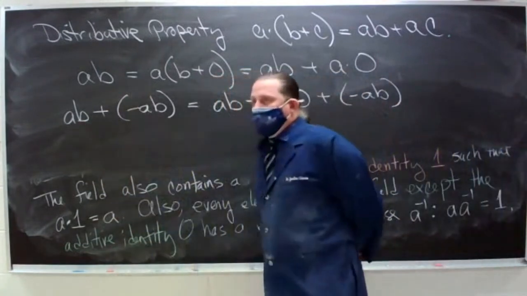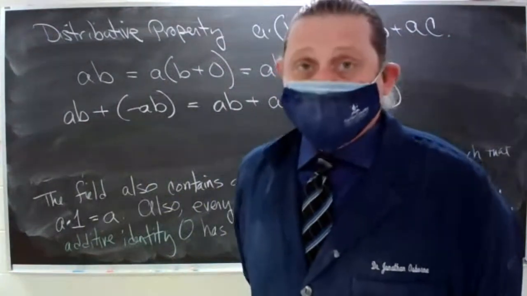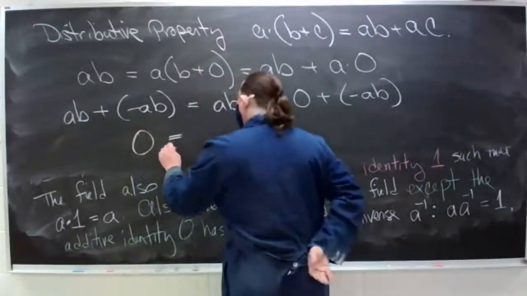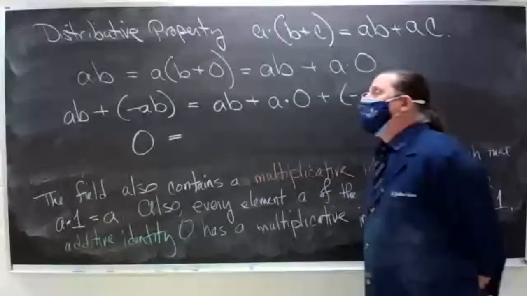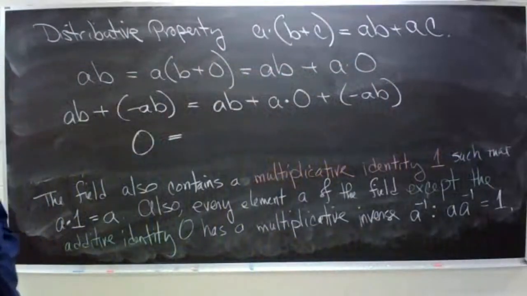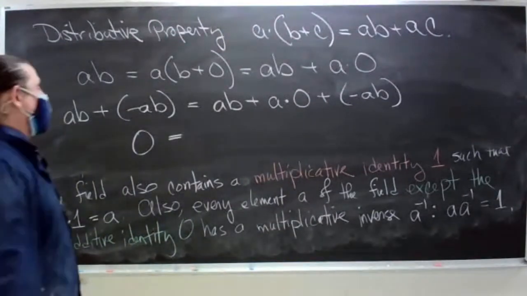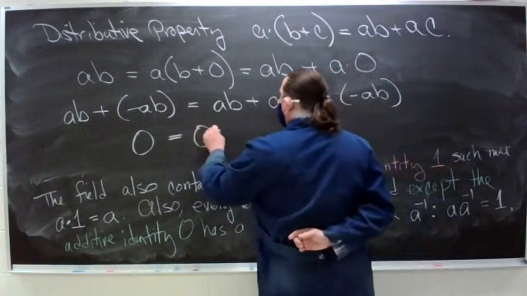AB plus negative AB, since negative AB is the additive inverse of AB, is 0. On the right-hand side, I'm going to use the commutative and then the associative properties of addition to combine these two together.